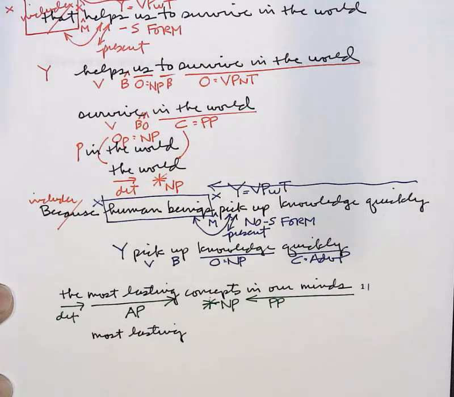And I think what we'll do is we'll call lasting the adjective phrase head. Most is an adjective phrase. And this one, this is a problem here. It's working like an adjective because that's where it is, but it's really a verb phrase, no time.